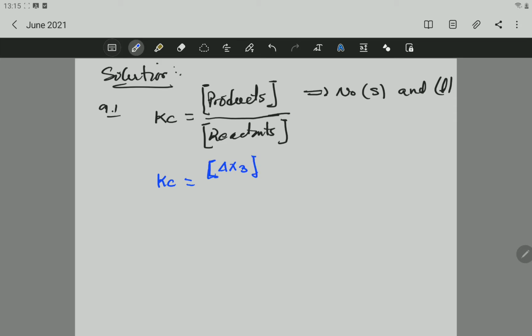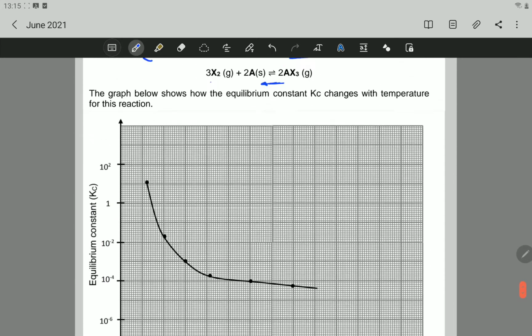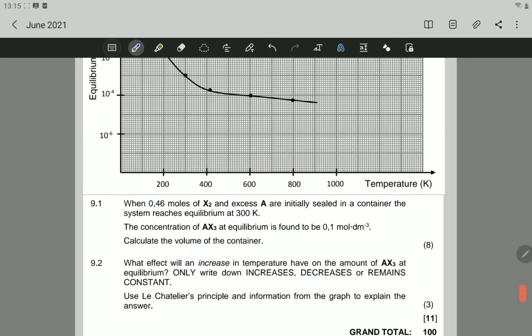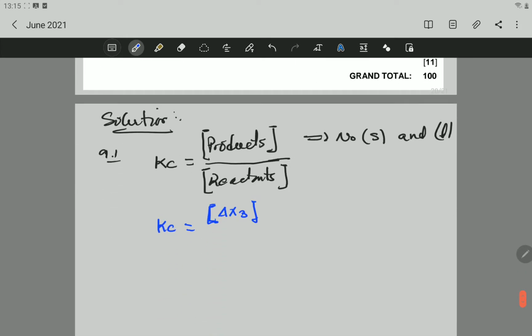Now, important, the coefficients at the front are going to be used as powers. So this will be the concentration of AX3 at equilibrium. It's not everywhere, only at equilibrium, the concentrations at equilibrium.